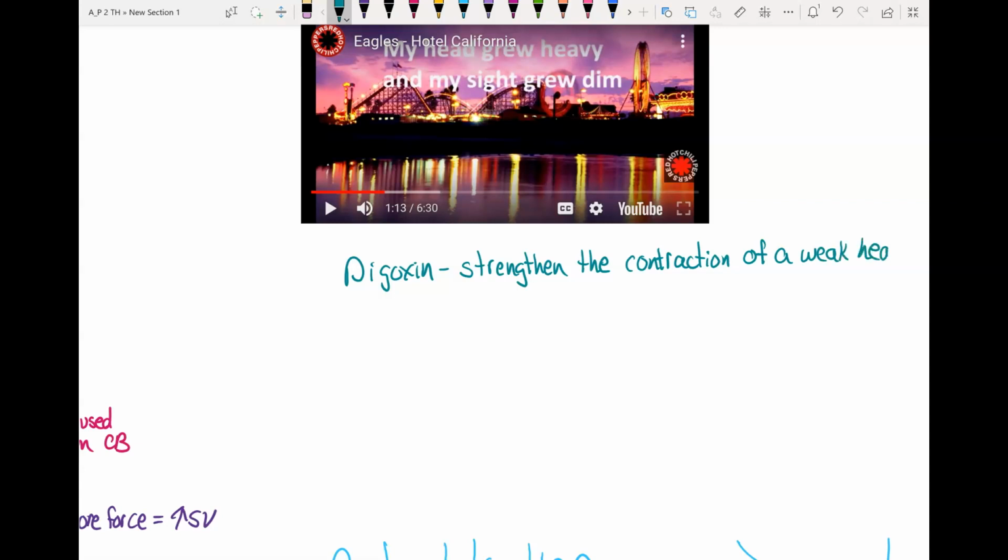So like if someone has heart failure and their heart is just weak and it can't pump very well, they're going to have a really low stroke volume. So digoxin is in there to increase the strength, increase the force of the contraction, and get that stroke volume up. So the point of digoxin is to increase the force.